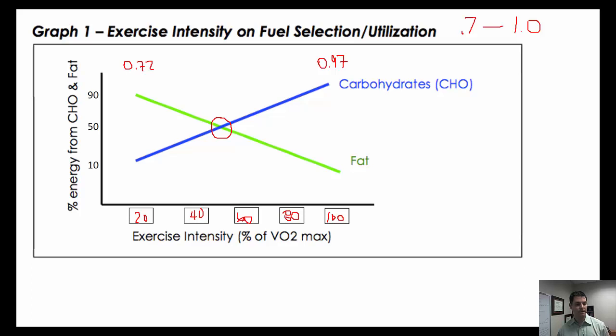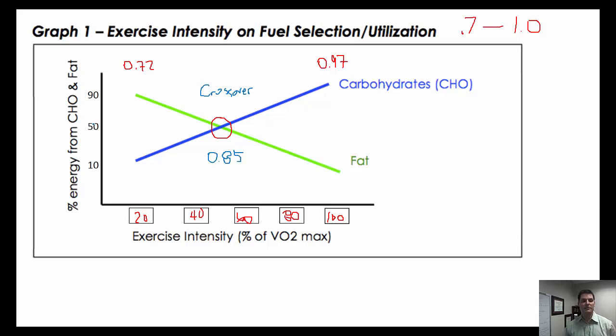So this is what's known as the crossover of substrate utilization. This is the point at which carbohydrates are about 50% and fats are about 50%, or relatively equal, and therefore we could say that a reasonable or exact, in this case, RER would be 0.85.